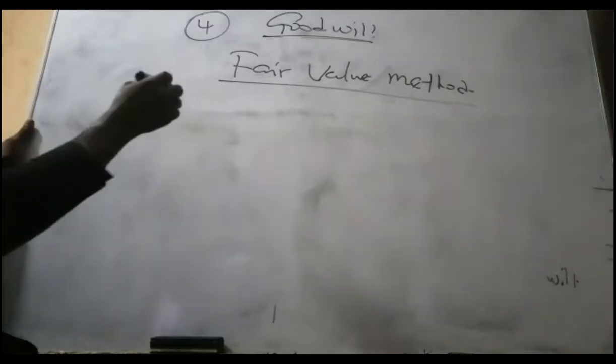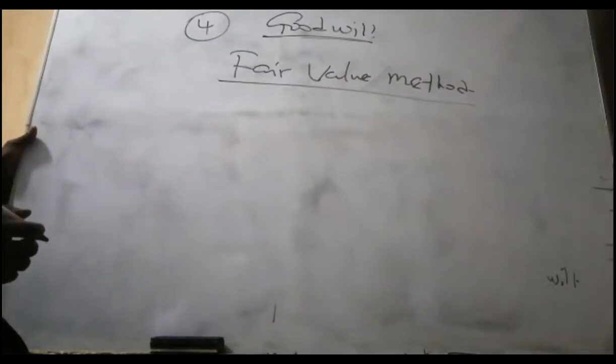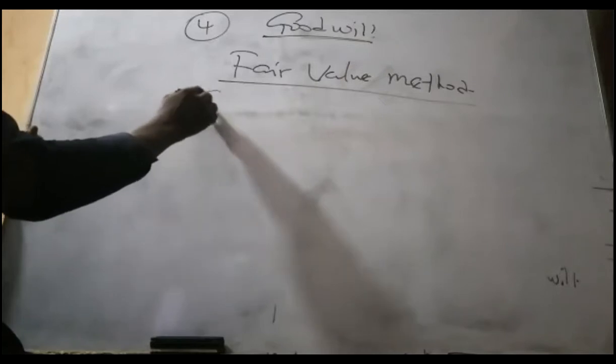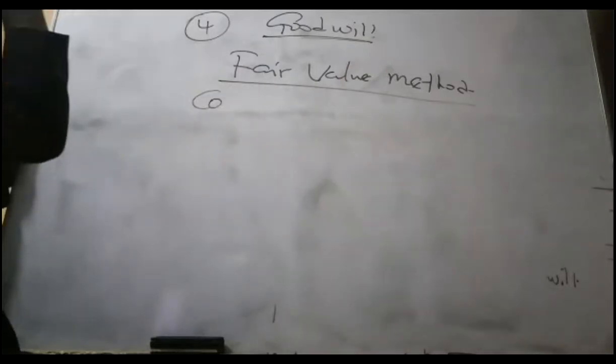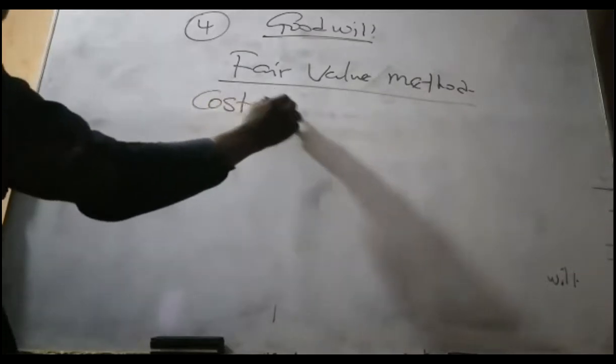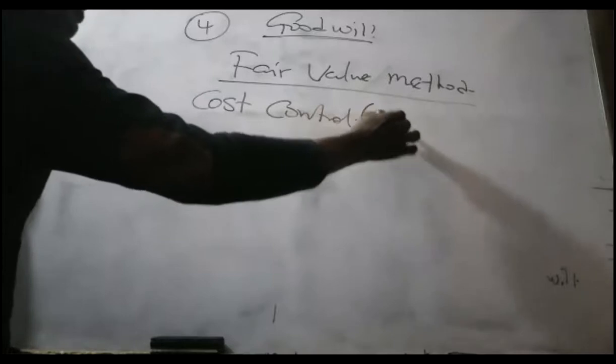Good. So first, you bring the fair value of the consideration transferred. So the first item will be cost of consideration or cost of control, from workings number 2.